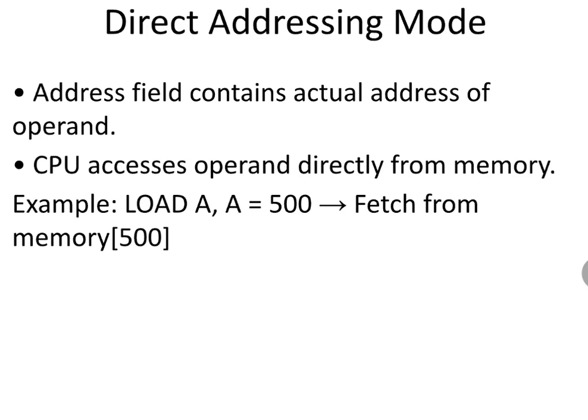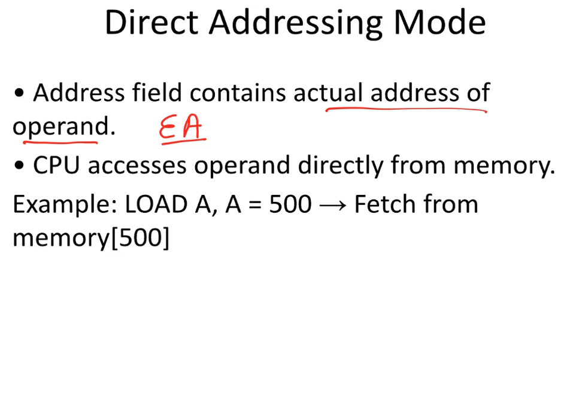If we start with the direct addressing mode, here the address field of the instruction contains the actual address of the operand. That means it is the effective address. So the CPU fetches the operand directly from that particular location in memory.